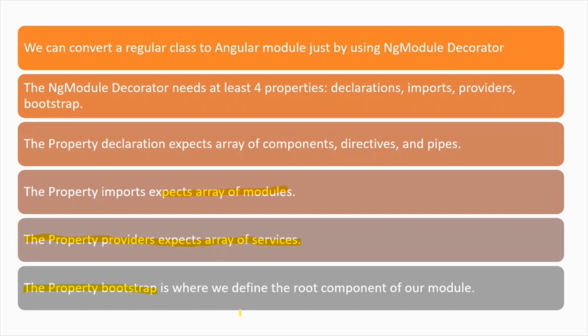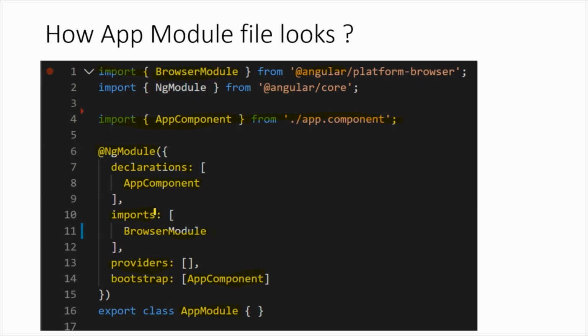Okay, so we have discussed all the points here, but one thing is left: what is this NgModule? We need to import this to convert a regular class to a module class.